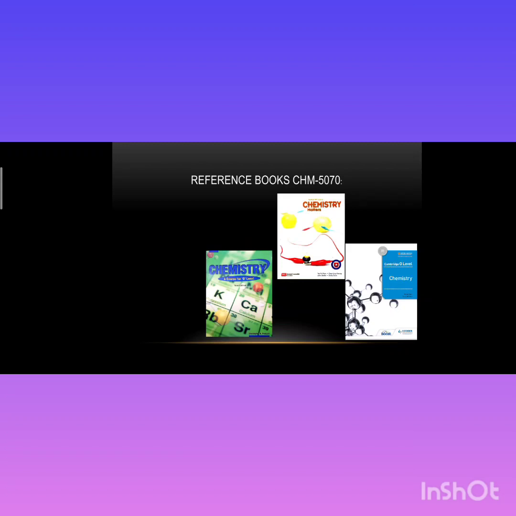So you can also refer to this book. And then another very good book is Complete Chemistry, and its latest edition is also very good, and it comprises all the past paper examples and questions that will help you a lot while studying the course, that is Chemistry 5070.